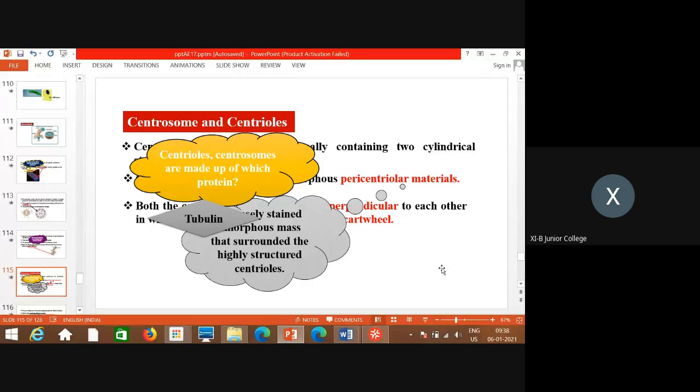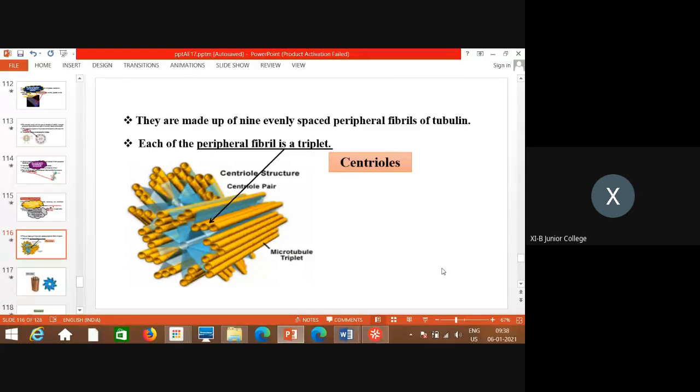Now the next part is centrosome and centrioles. Centrioles are made up of the protein tubulin. So these are all proteinaceous in nature, and that protein is tubulin. They are made up of 9 evenly placed peripheral fibrils of tubulin.